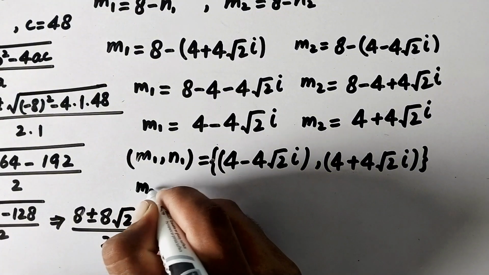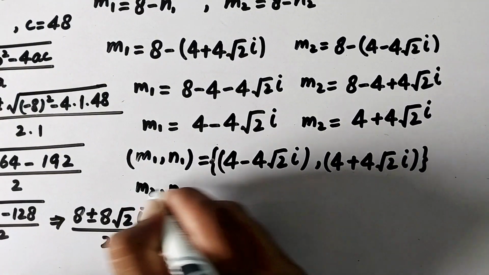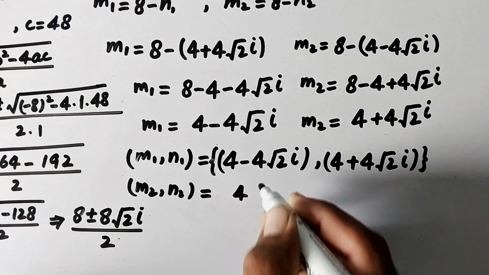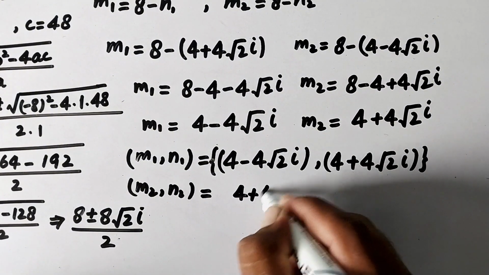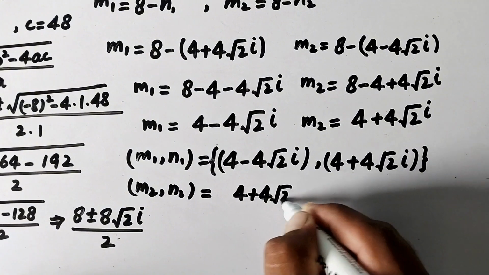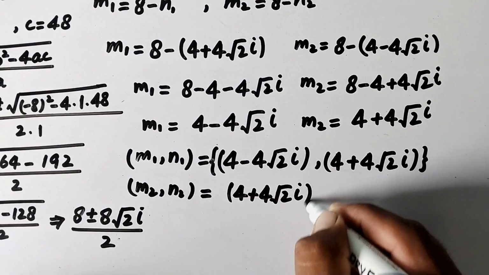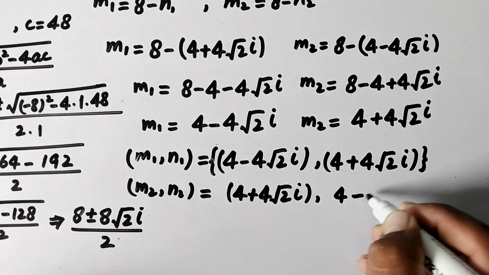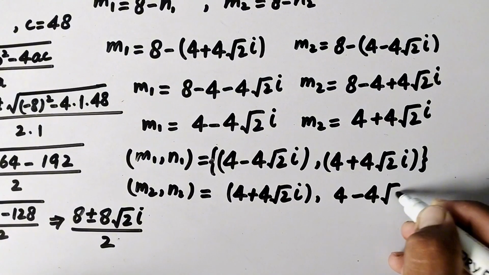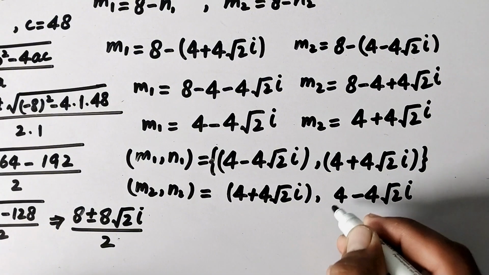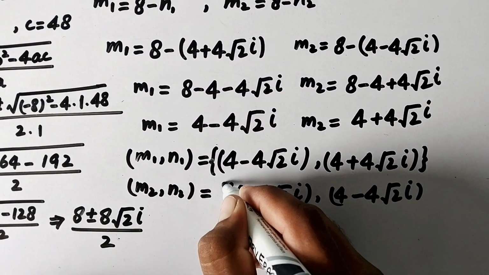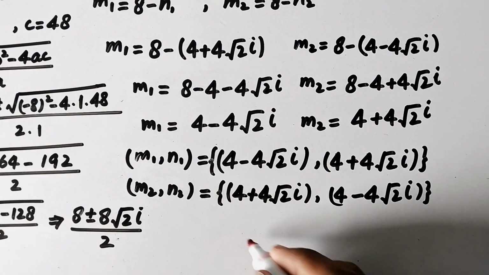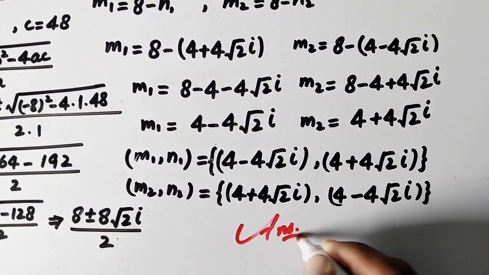And m2 and n2 are equal to: m2 is 4 plus 4 times root of 2 times i, and n2 is 4 minus 4 times root of 2 times i. And that is our final answer.